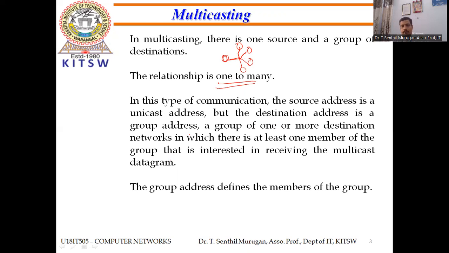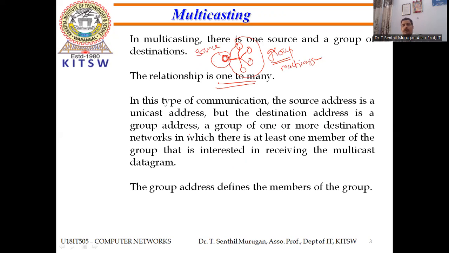In this type of communication, the source address is a unicast address, but the destination address is a group address. This group has a separate address. The source has a unicast address and the group has a multicast address. So just remember it.